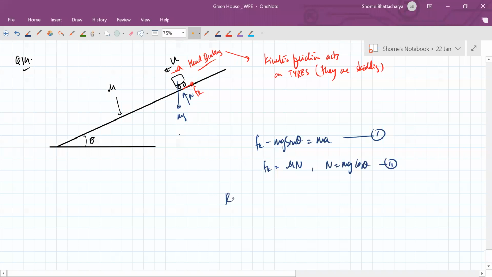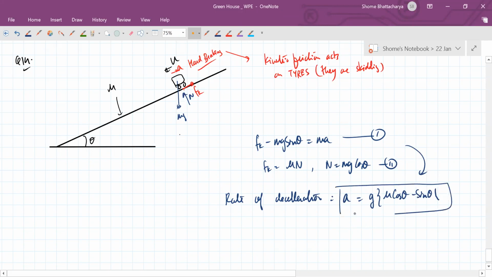And so the rate of deceleration is going to be g into (mu cos theta minus sin theta). And you substitute these. So just put the values which are given and you'll get the rate of deceleration. Okay.